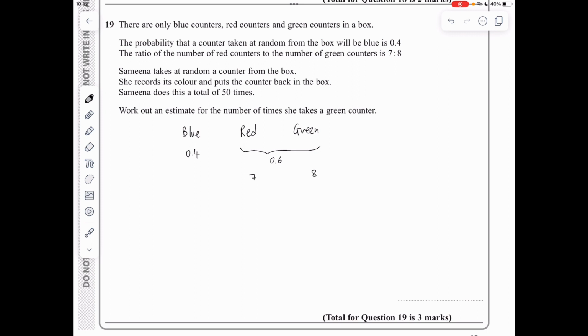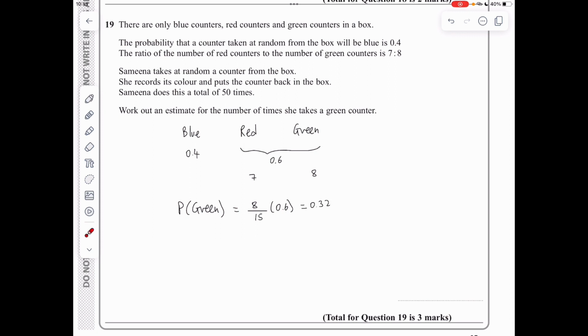So if I split the 0.6 in the ratio of 7 to 8, I will simply consider that 7 plus 8 is 15. So the probability of picking a green counter is 8 over 15 times the 0.6. This turns out to be 0.32.